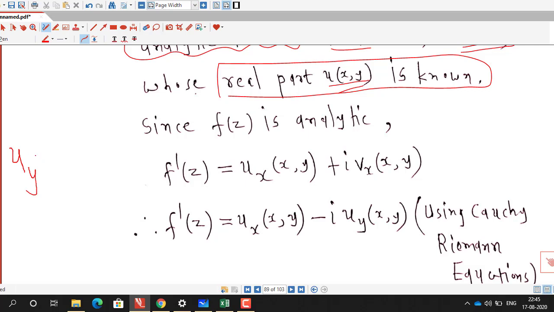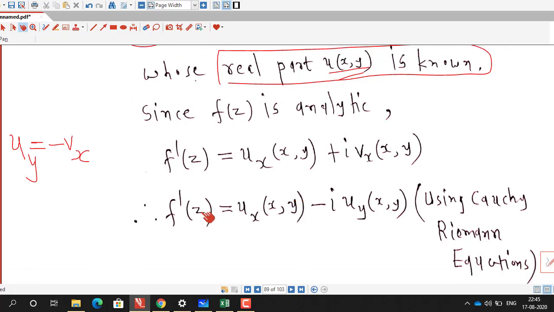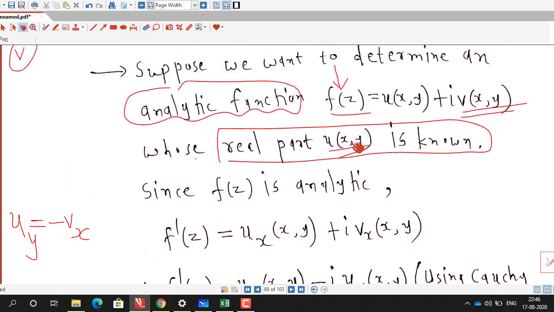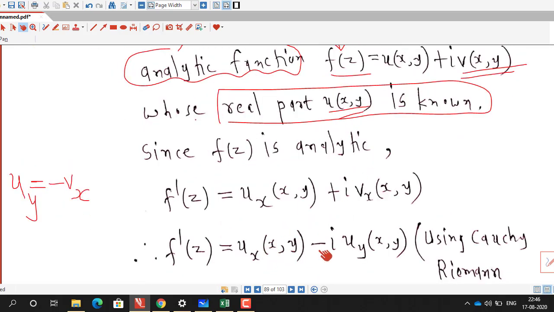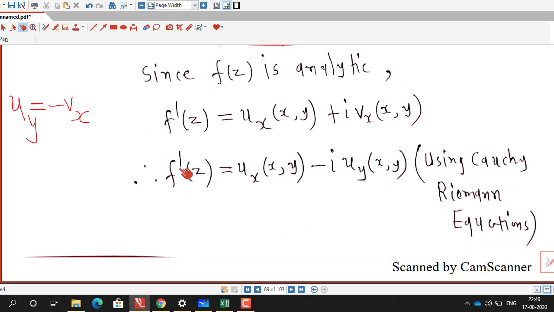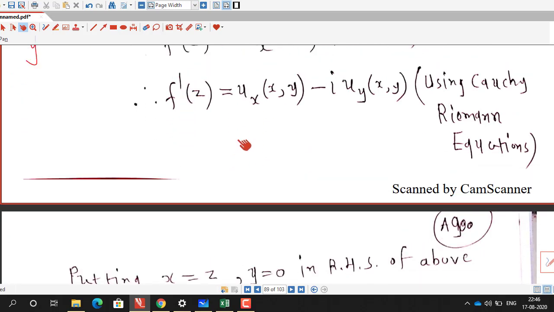We are using the equation ∂u/∂y = -∂v/∂x, therefore ∂v/∂x is replaced by -∂u/∂y. The derivative of the function is now in terms of partial derivatives of u, and u is given. So we can find the partial derivatives of u, and we will have the formula for f'(z) in terms of x and y. This right hand side is going to be a function of x and y.